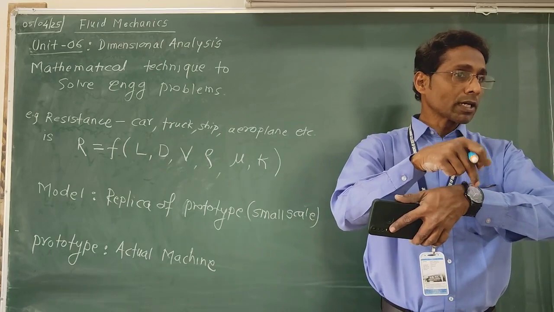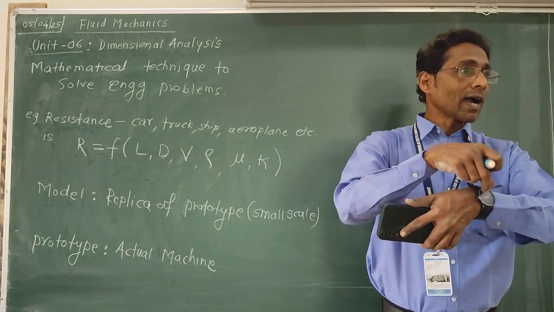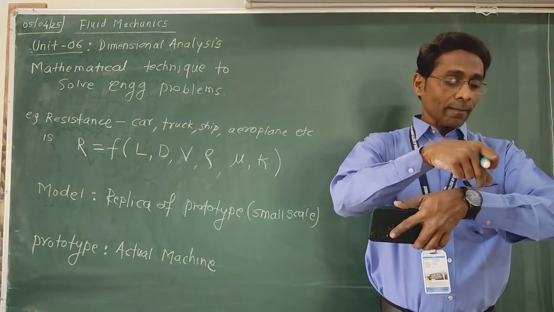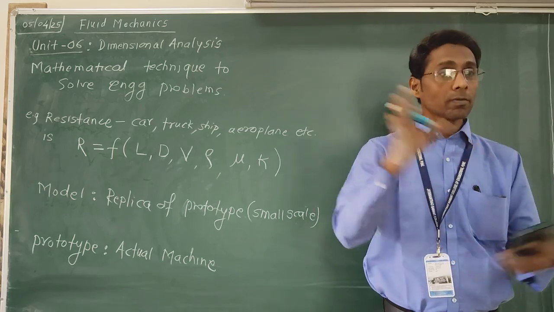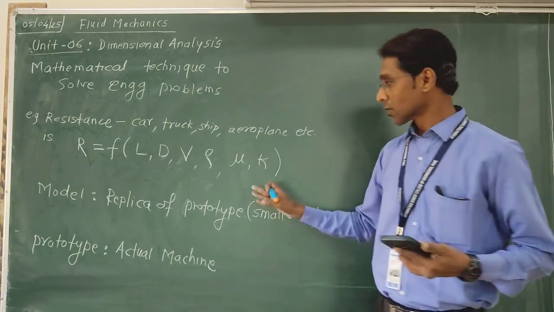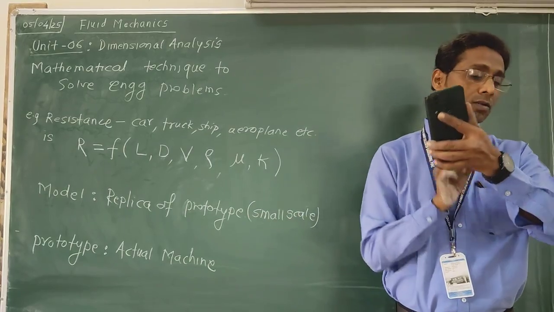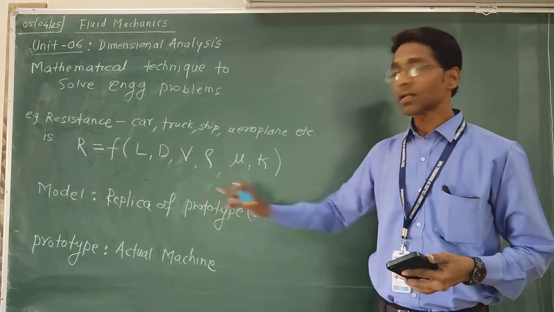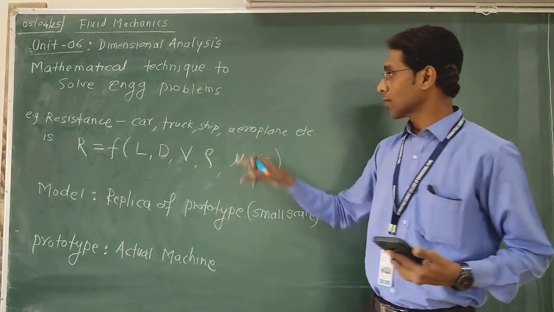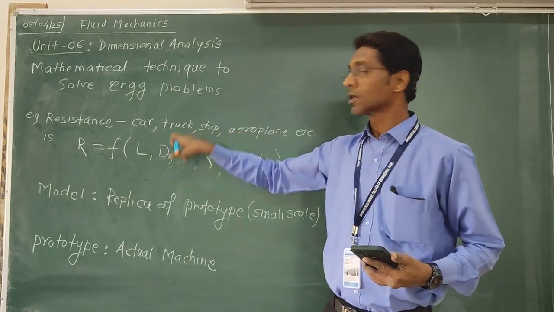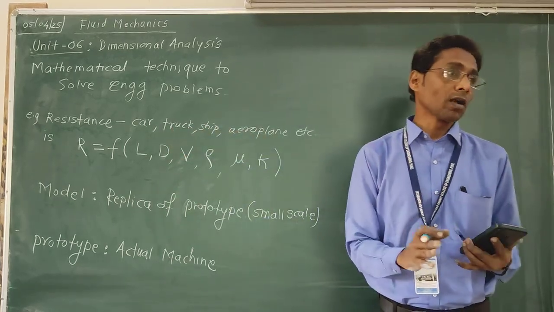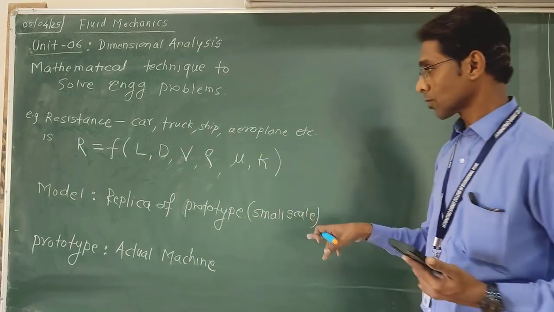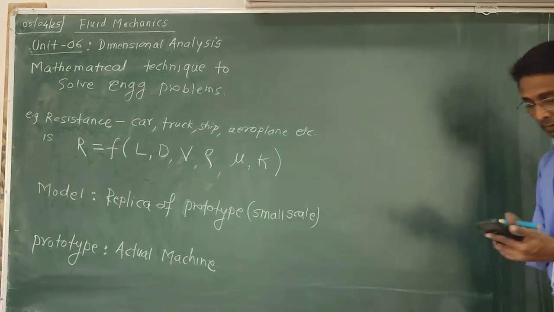If we want to study analysis of this gear, then here its replica will be of bigger size, large scale. So it depends on the type of the product. For the watch, that model size will be bigger, and for the aeroplane, for the truck, model size will be small. So that depends on the type. Okay. So these are the two terms.